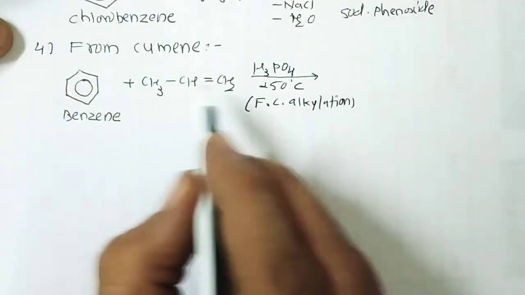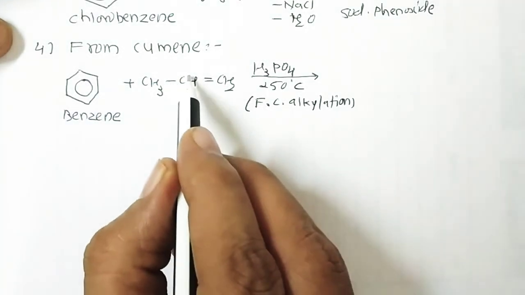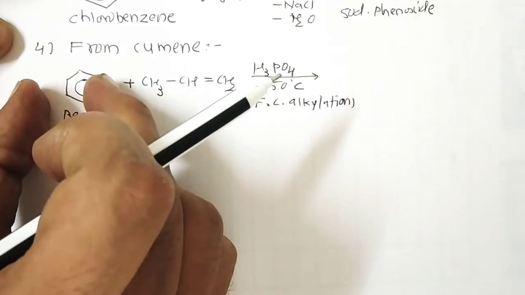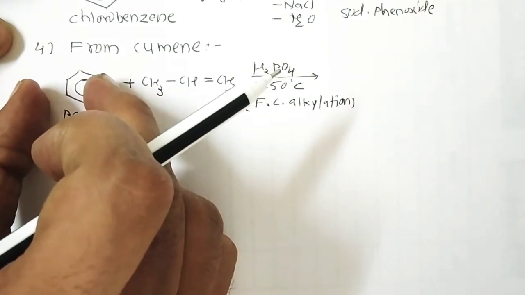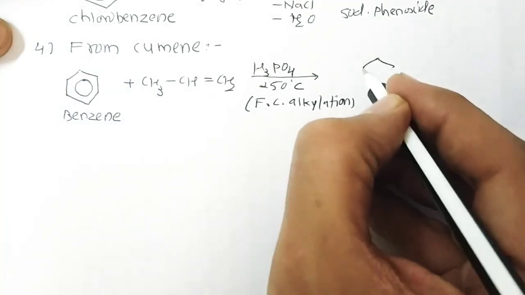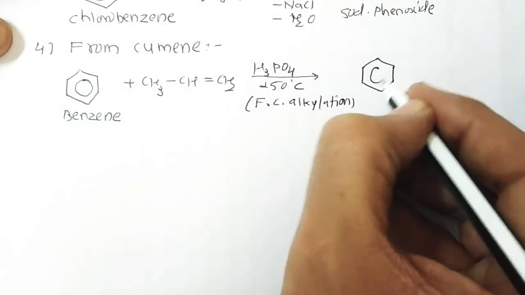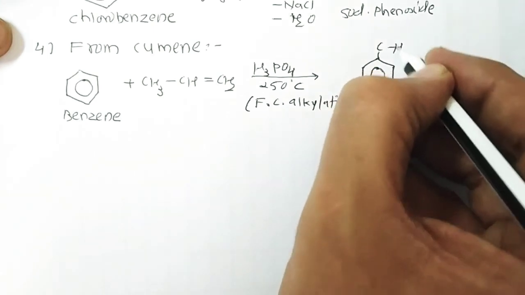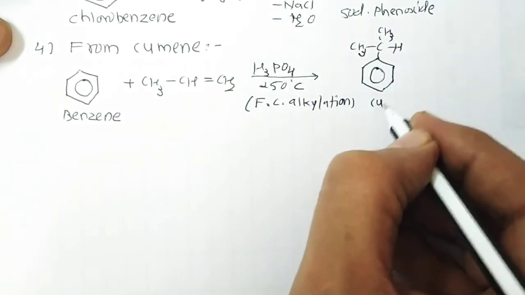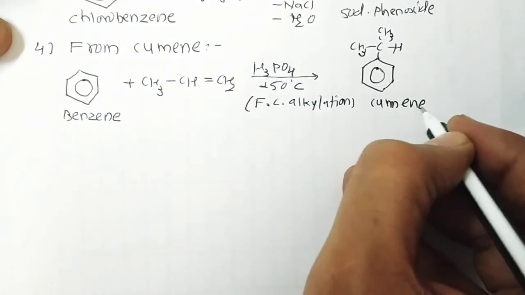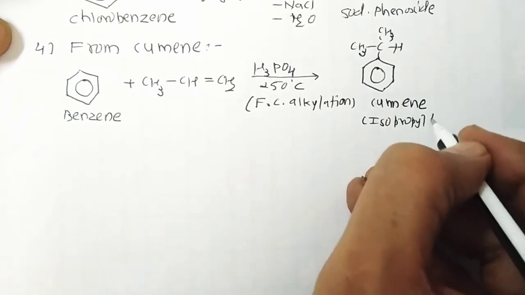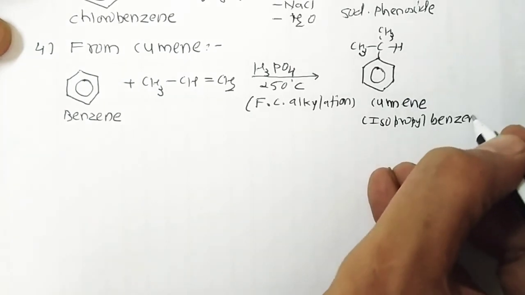In Friedel-Crafts alkylation, we know that a secondary carbocation is formed, and this secondary carbocation is attracted towards the pi electron cloud of this phenyl ring, and we get a certain product. The name of this compound is cumene or isopropyl benzene.